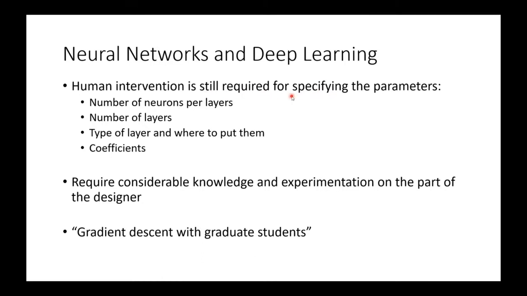One thing we do need is the specific parameters, such as the number of neurons per layer, the number of layers, the type of layer. We're going to see that there are various types of layers in neural networks, and where and how to organize them in the network structure, and the coefficients. This requires considerable knowledge and experimentation on the part of the designer.